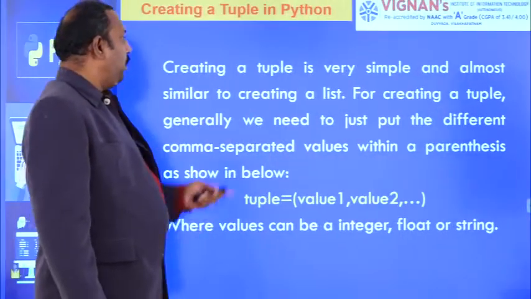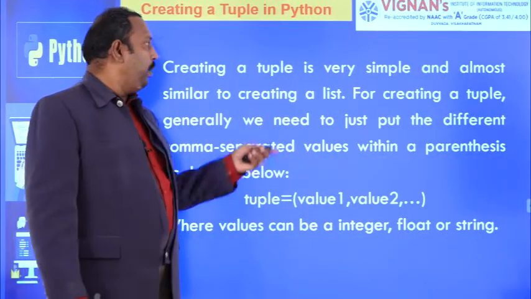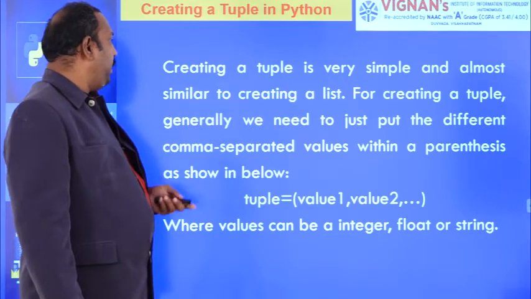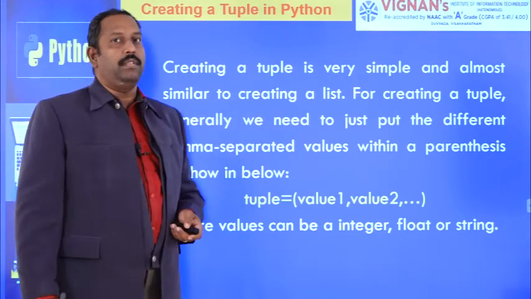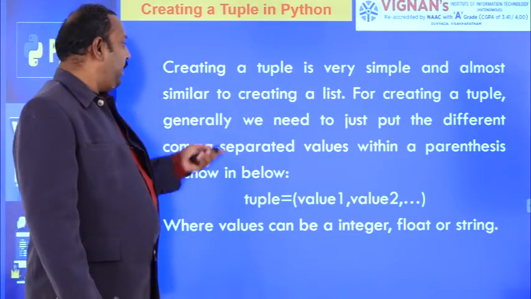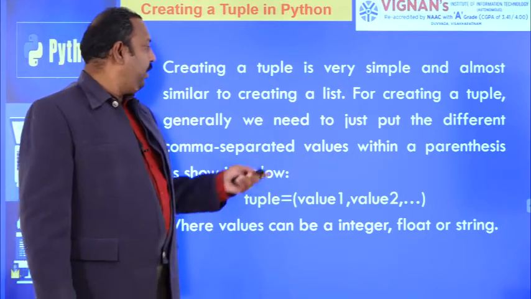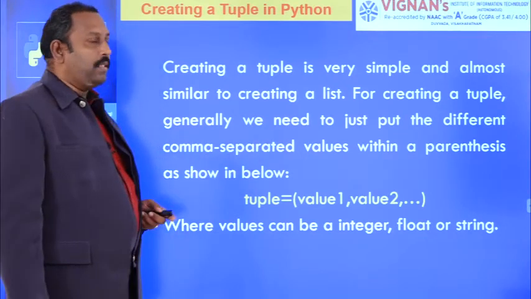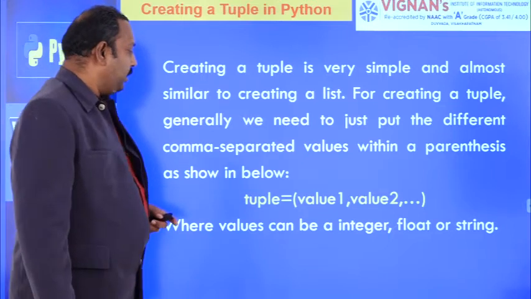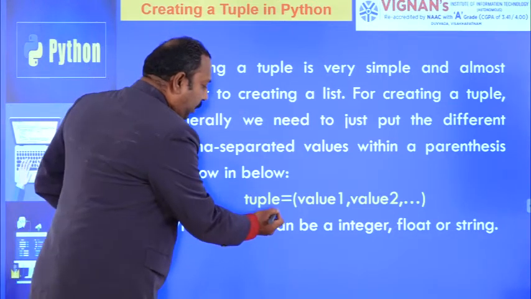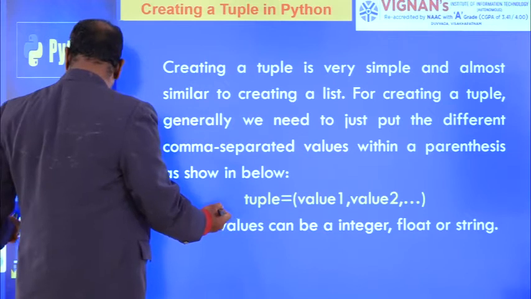Now, how to create a tuple in Python? A tuple is very simple to create, just like a list. For creating a tuple, we generally just put different comma-separated values within parentheses.